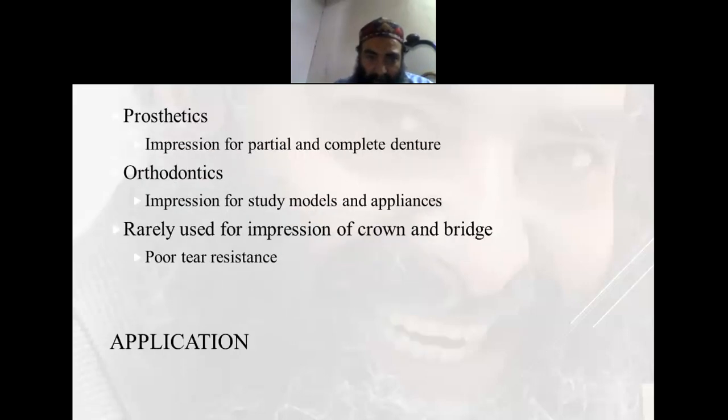Now, applications. In prosthetics, impressions for partial and complete dentures can be taken through alginate impression material. In orthodontics, impressions for study models and appliances, either removable or fixed, can be taken through alginate.